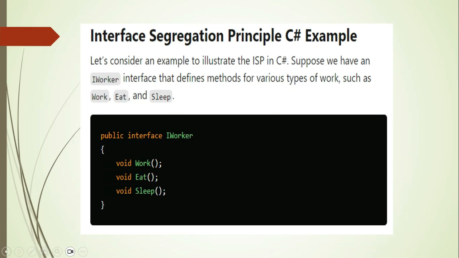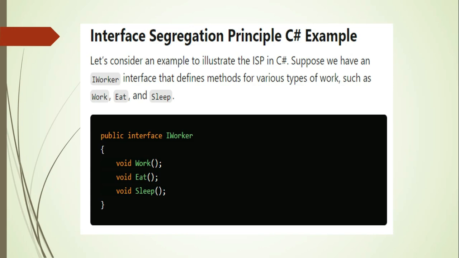Let's consider an example to illustrate ISP further in C++. Suppose we have an IWorker interface that defines methods for various types of work such as work, eat, sleep. Here we have one larger interface, IWorker, with three behaviors: work, eat and sleep.